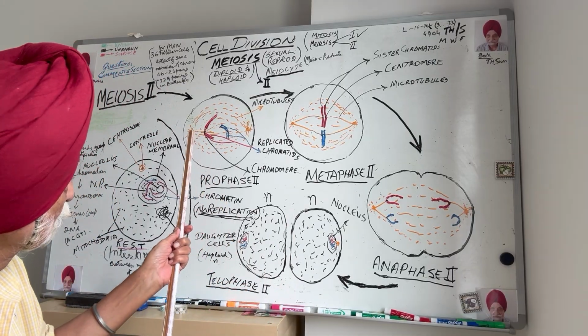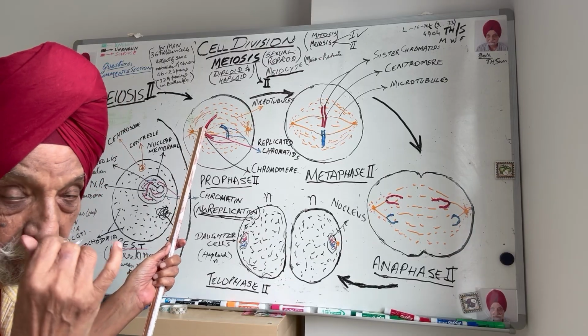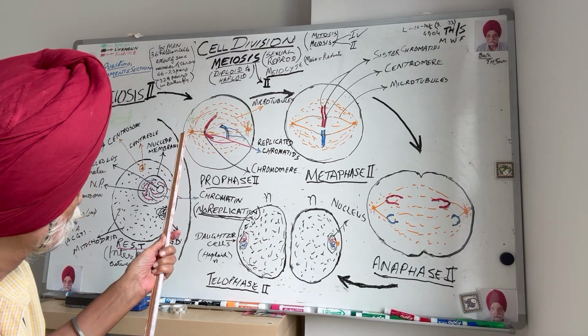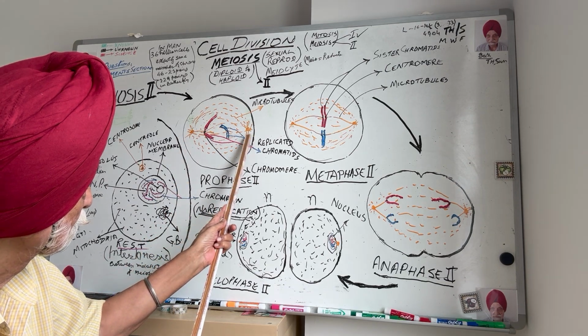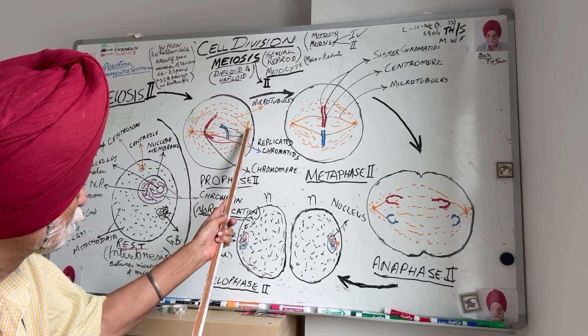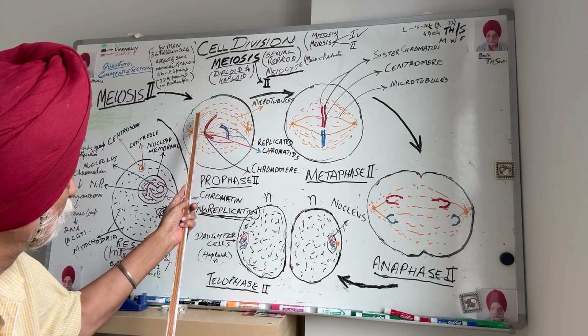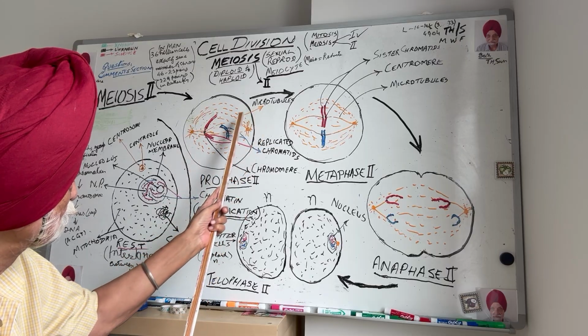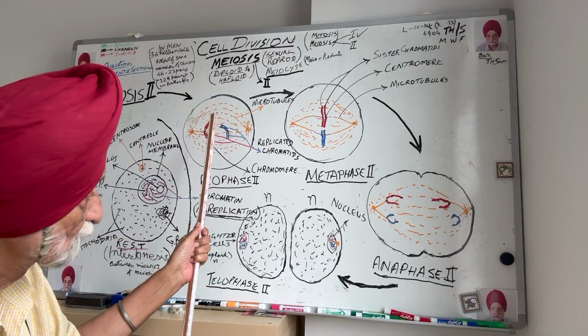In prophase 2, the nuclear membrane, if it is formed, mind you, if it is formed, it disappears, and the centrioles divide into two, and the two centrioles move towards the poles, and they develop the microtubules, and the so-called aster apparatus is developed.